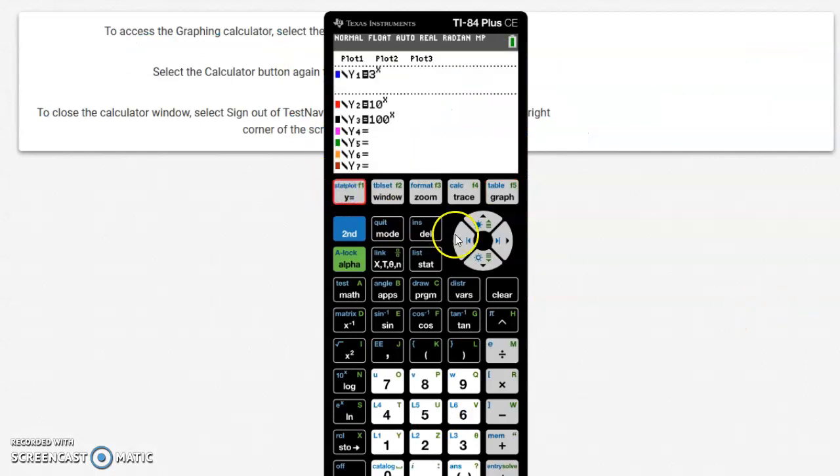I'm going to clear these, and we're going to put in some different bases. Let's say 3/4, and you can think of the decimal, that would be 0.75. Let's compare that to 1/2, that would be 0.5. And then let's compare that to 1/3, that would be about 0.3.